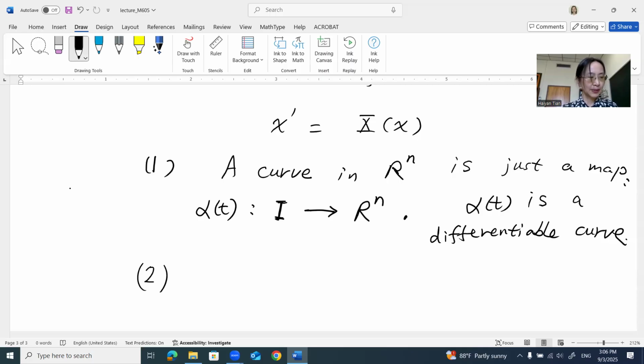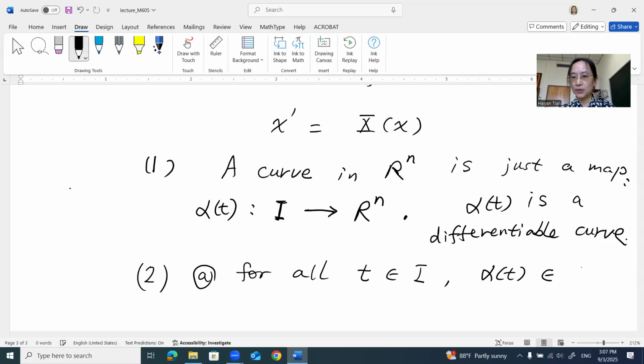The second, we need to make sure that for all t, all time t from this interval, our alpha at t has to be in the domain of the vector field.